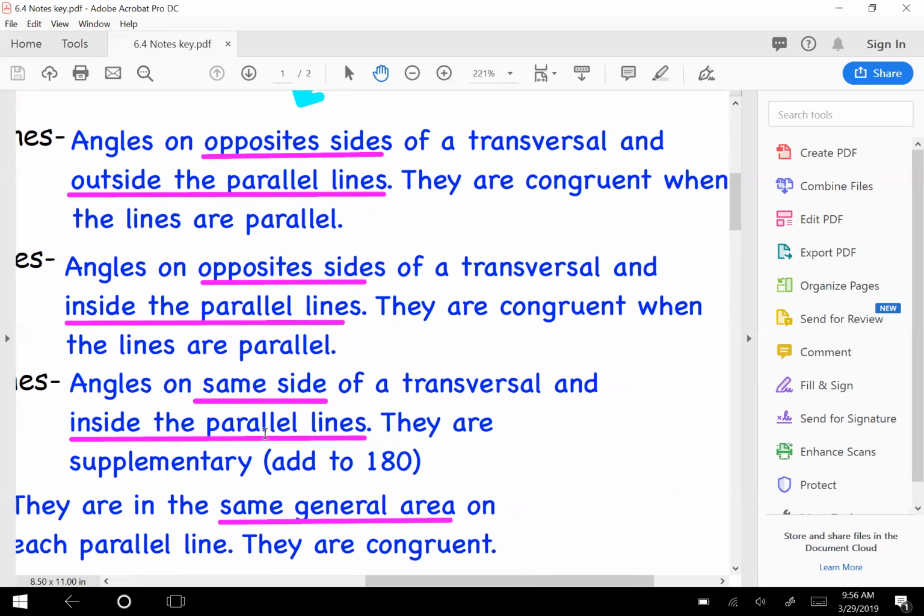Same side interior angles. Okay, and they are supplementary. Supplementary again means they add to 180.